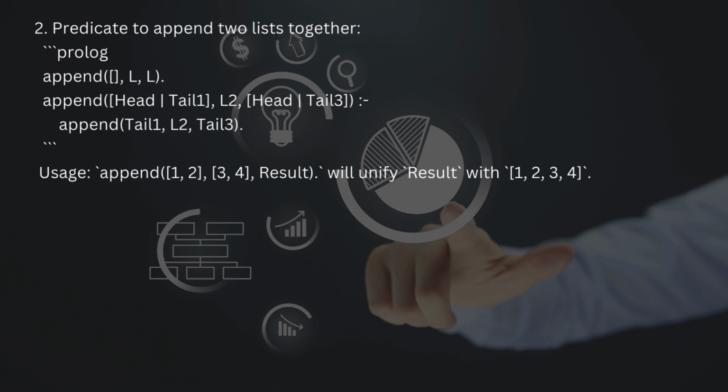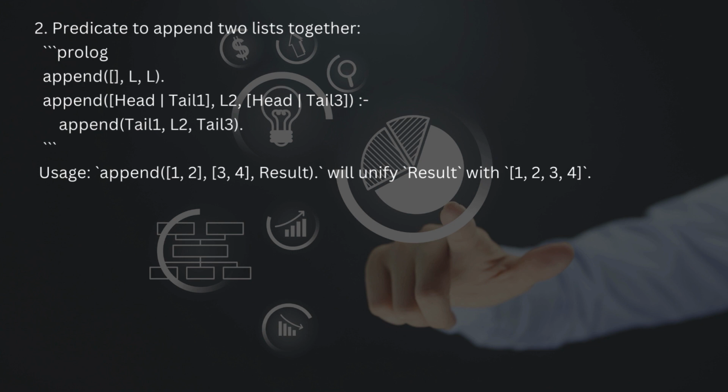For example, append([1,2], [3,4], Result). We will unify Result with [1,2,3,4]. So we get the combination 1, 2, 3, 4 in our appended list.